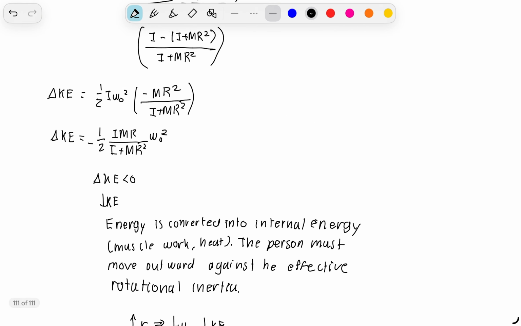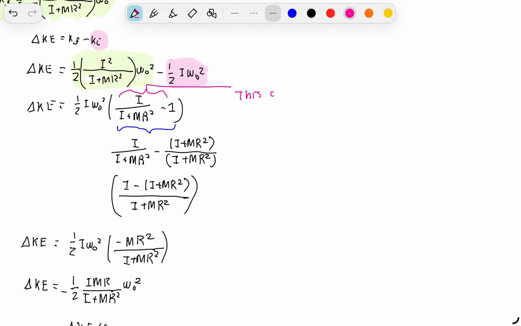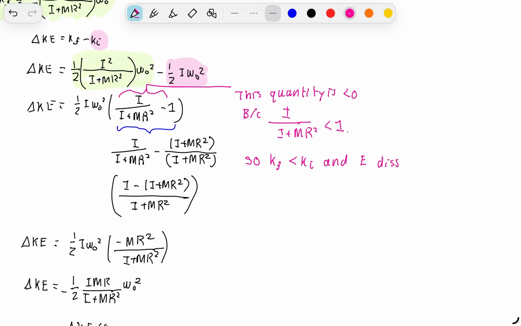And also, if you look at this component as well, this quantity is going to be less than 0 because I over I plus mass radius squared is going to be less than 1. So that's also how we see that kinetic energy final is less than kinetic energy initial. And energy dissipated into thermal.